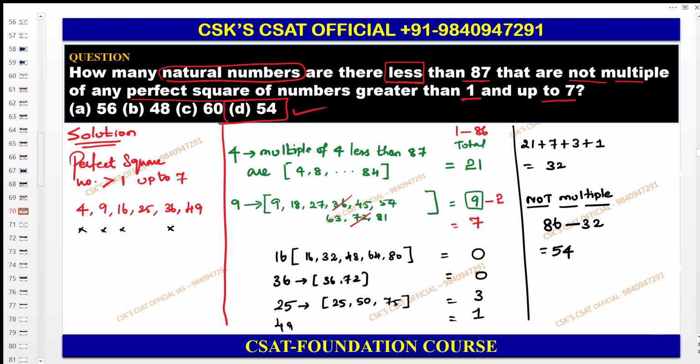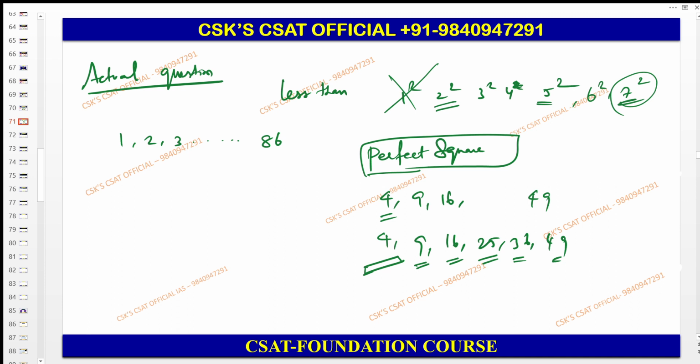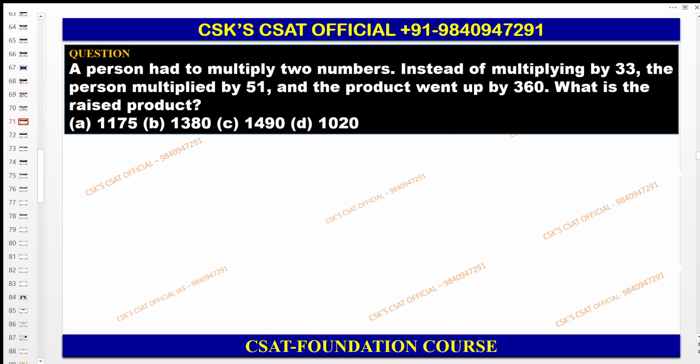Thank you. Okay. So now this question is also fine. I am deleting this explanation part. Now this question is also a very simple question. But this model was asked in the UPSC itself. Previously UPSC itself asked this model.